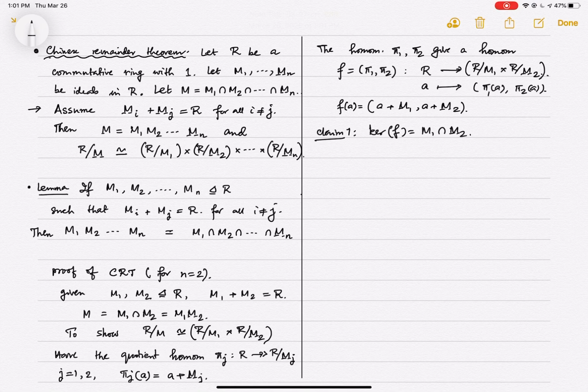What does that mean? A is in the kernel means (a plus M1, a plus M2), which is F of a, is (0, 0), the 0 of R mod M1 and the 0 of R mod M2.